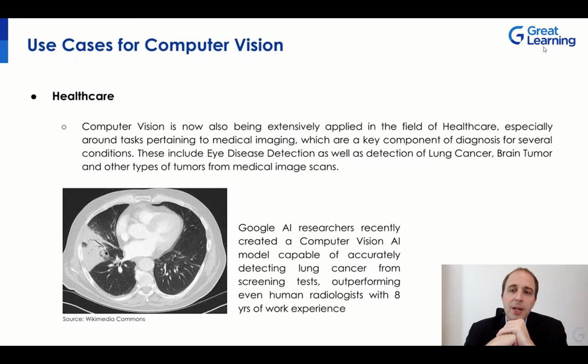So again, instead of having humans and their eyes and their brains looking at these images, what if we had a computer vision system where a camera recorded this X-ray image, and then the computer vision software used some neural networks or used some advanced algorithms to make inferences and determine what an X-ray with pneumonia looks like, what an X-ray with another disease looks like, and classify every X-ray to say this is a healthy X-ray, this is an X-ray with pneumonia, and so on.